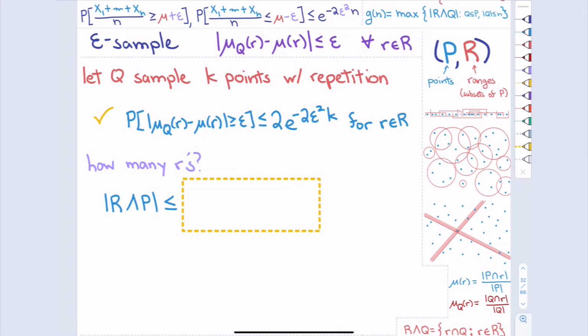For disks, we had a much better bound of n cubed, which came from that growth function. So in general, g of the size of P might be much better. Let's focus in particular on the case where g of P is better.